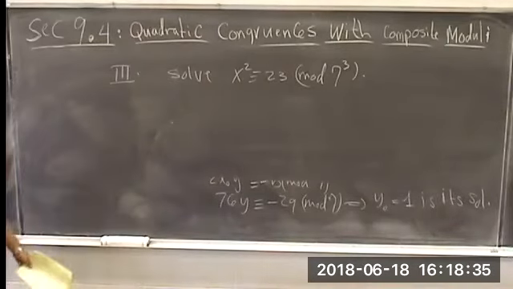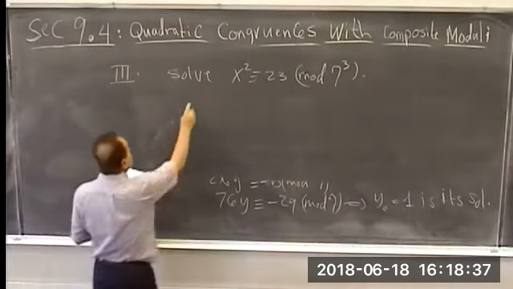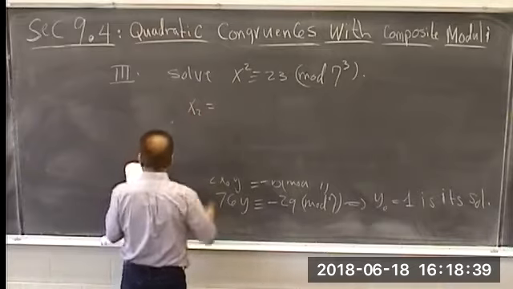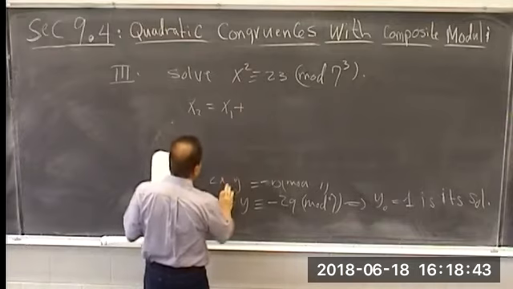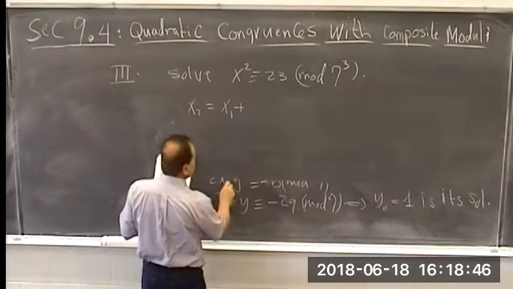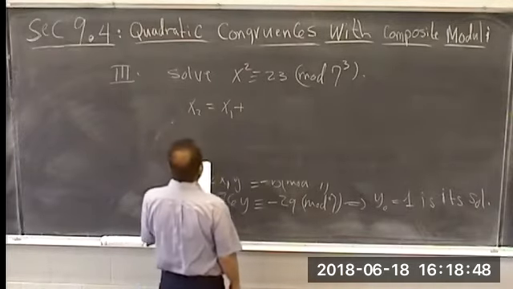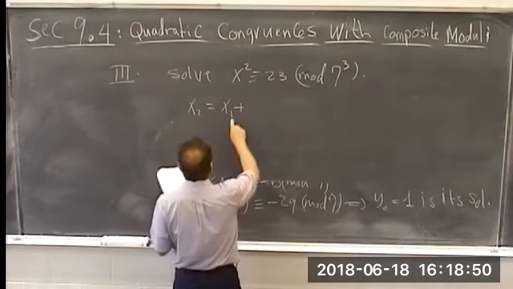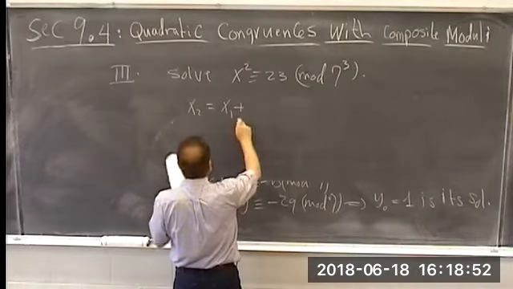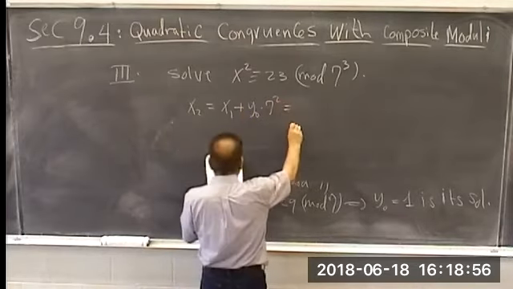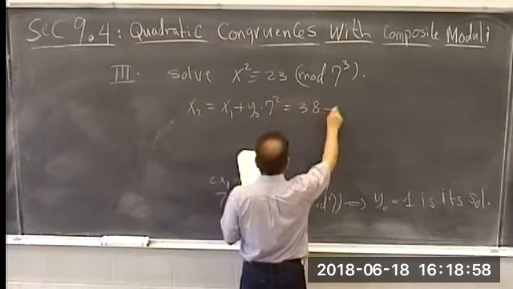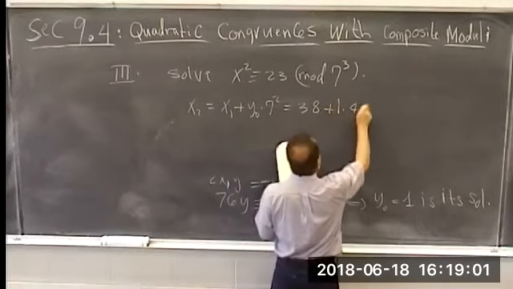So we have x sub 2, which is equal to x sub 1. This is supposed to be x sub 1 in here, but this is x sub 1. All right, so this is x1, then we have y sub 0 times 7 squared is equal to 38 plus 1 times 49.